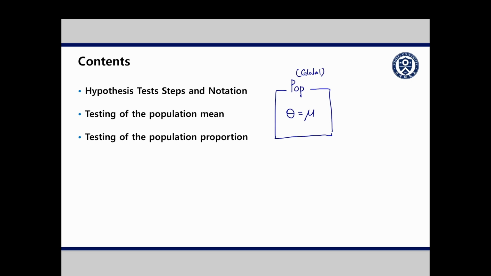In this case, you can have the following hypothesis: that mu, the average weight of the global population, equals 50 kilograms.